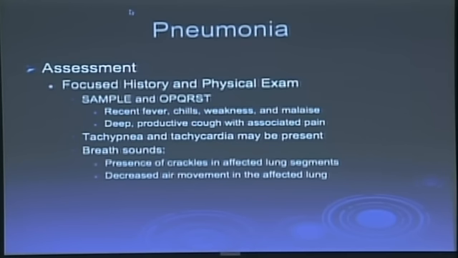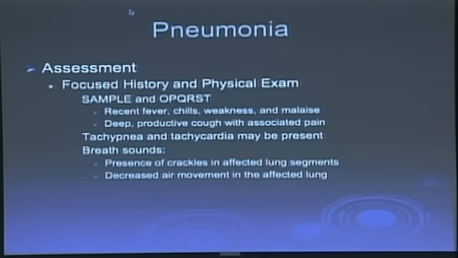Patients with pneumonia have dyspnea and respiratory distress. They will tell you of recent fever, chills, weakness, malaise, and cough, often painful and often productive of sputum. You'll see tachypnea and tachycardia, often related to the fever, and crackles in the affected lung.